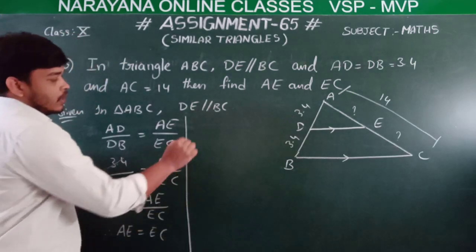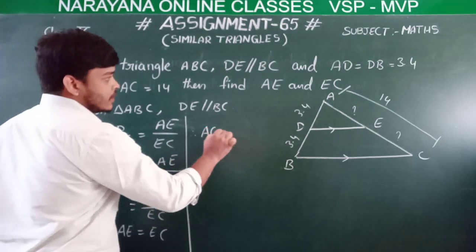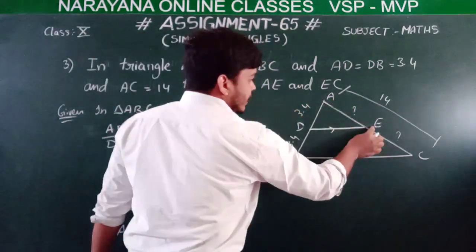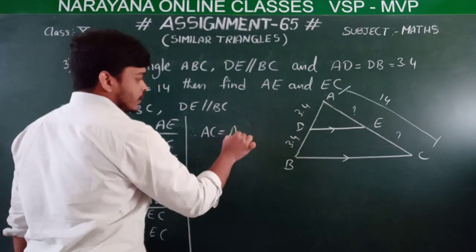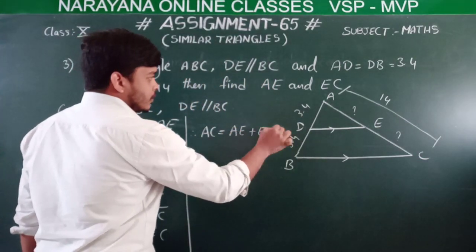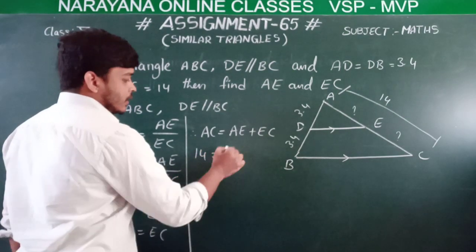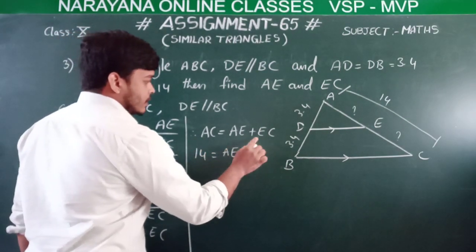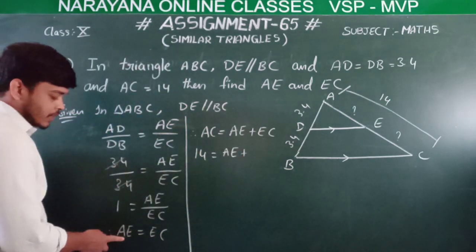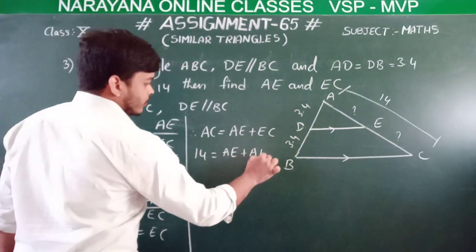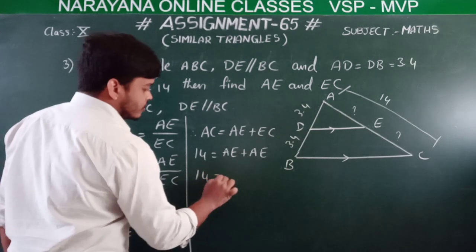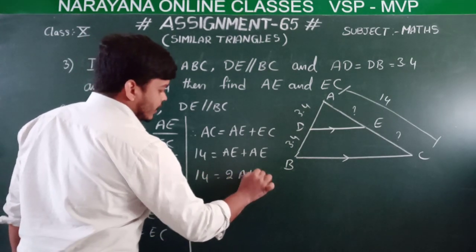Now we know that total AC is equals to AE plus EC. AC value is 14, already given. AE plus, in place of EC we substitute AE. So 14 is equals to 2 times AE.